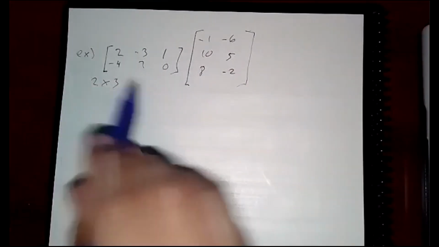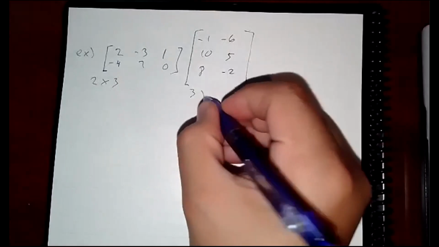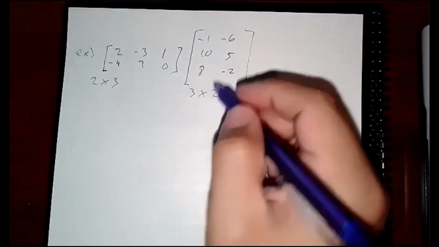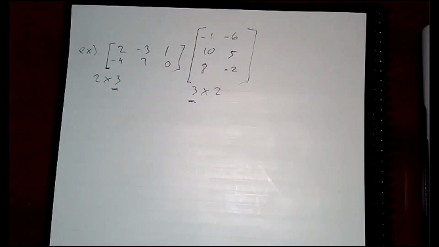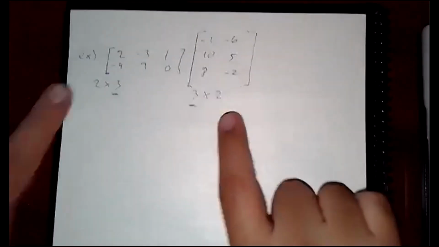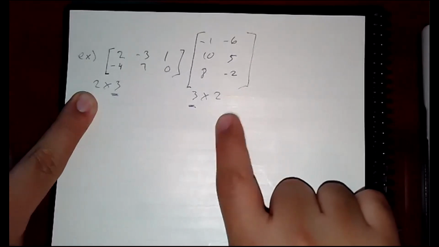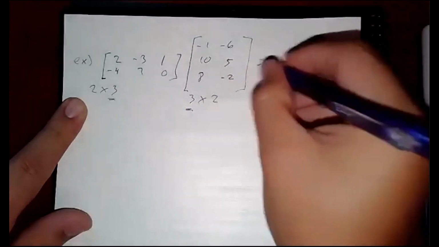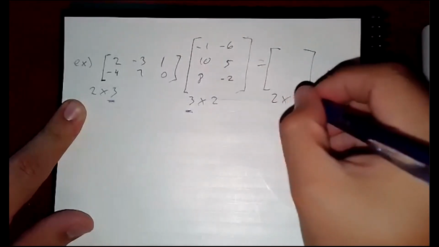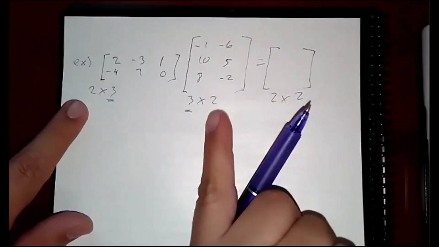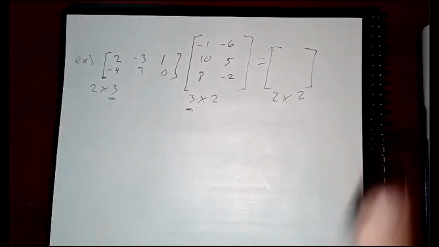This is a 2 by 3, and this is a 3 by 2, right? 3 rows, 2 columns. So these need to match. That's what I mean by inner. If those are different, you cannot multiply. It doesn't matter what's out here, the 2's. These 2's, though, will tell you the result. It's going to be a 2 by 2. Okay.